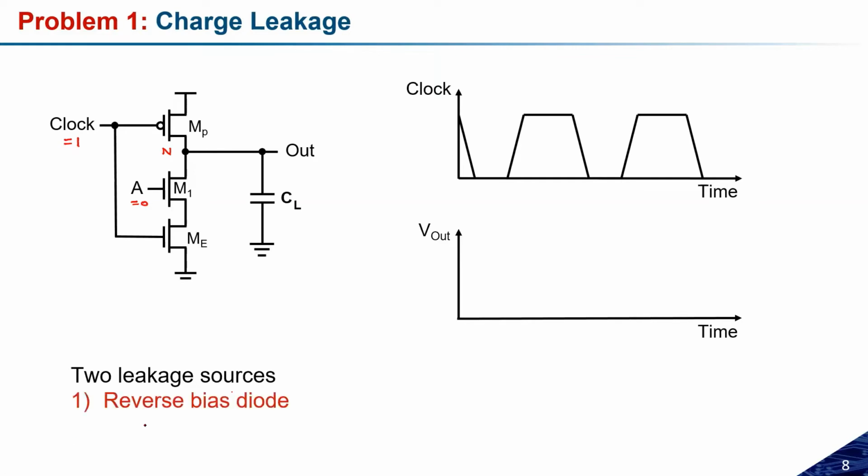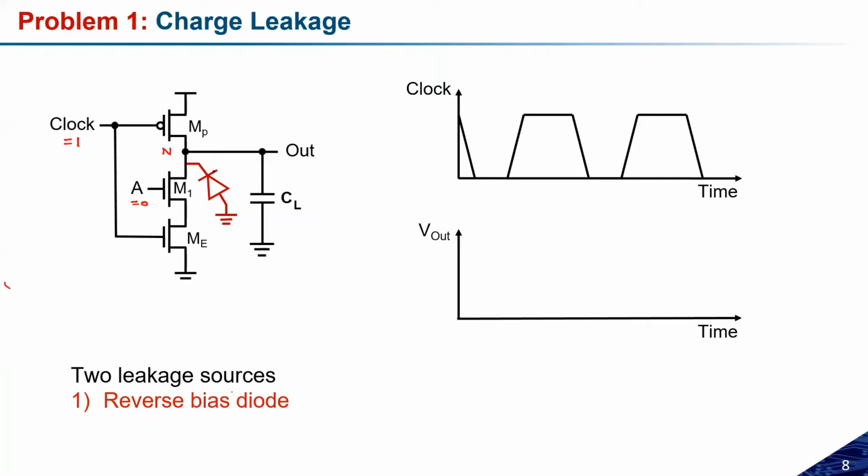So we will be having two problems. The first one is the reverse bias diode. Because this node is virtually grounded, we will see a reverse bias configuration between node N and the ground.